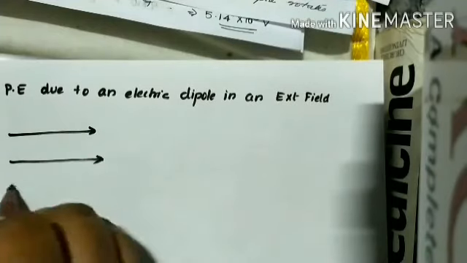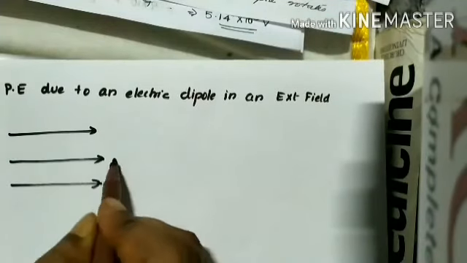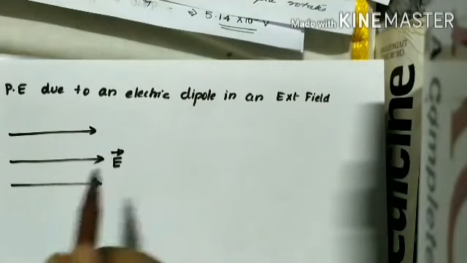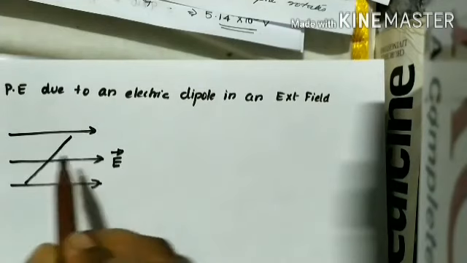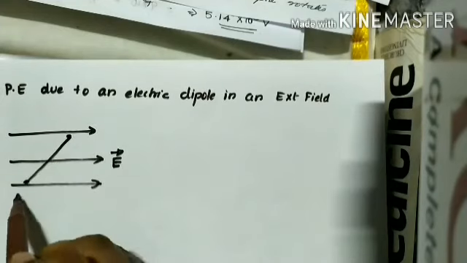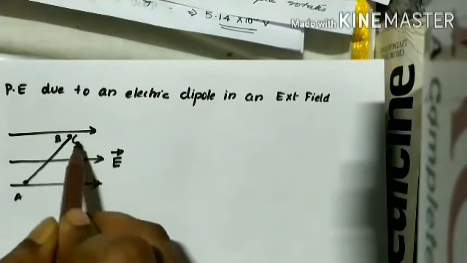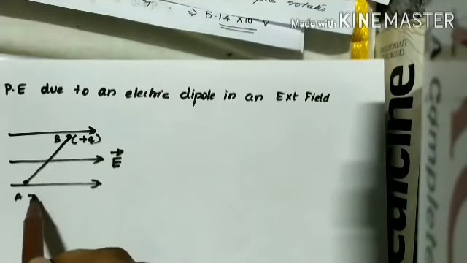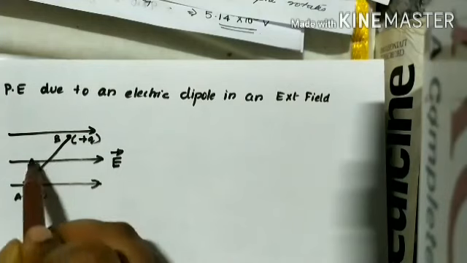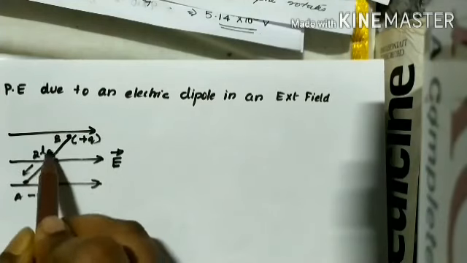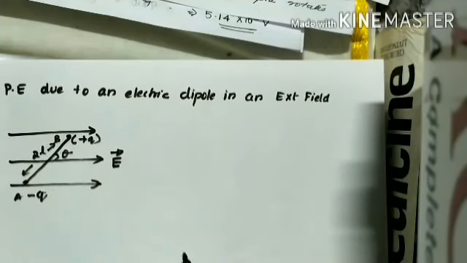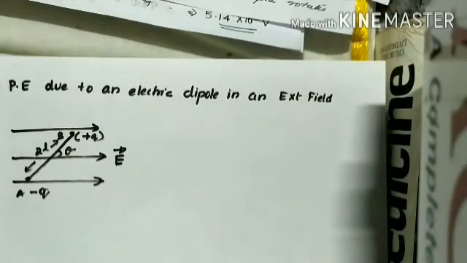So suppose this is your external field and I am going to keep a dipole here. This is A, B, this is plus q and minus q, and the length is 2l. Theta is the angle this dipole is making with the electric field. It is the same as the earlier scenario.